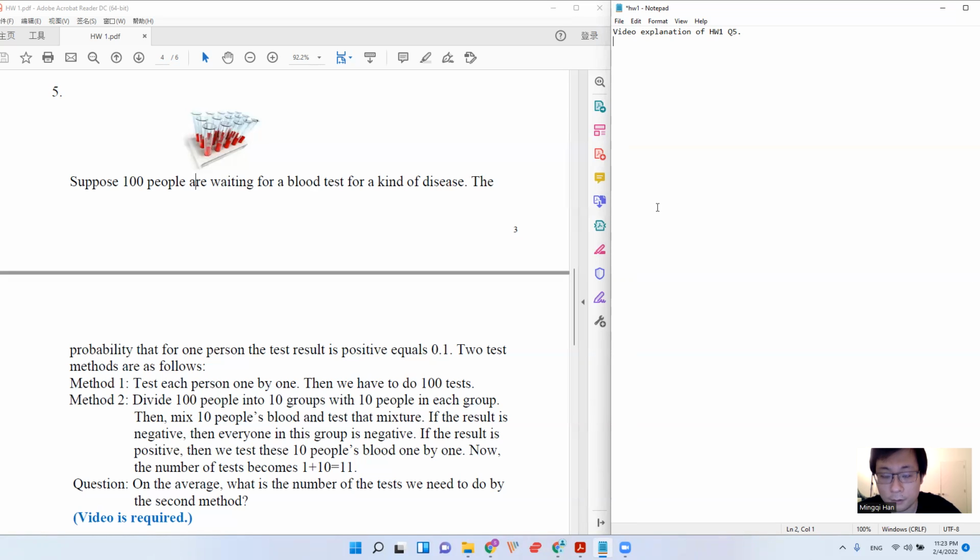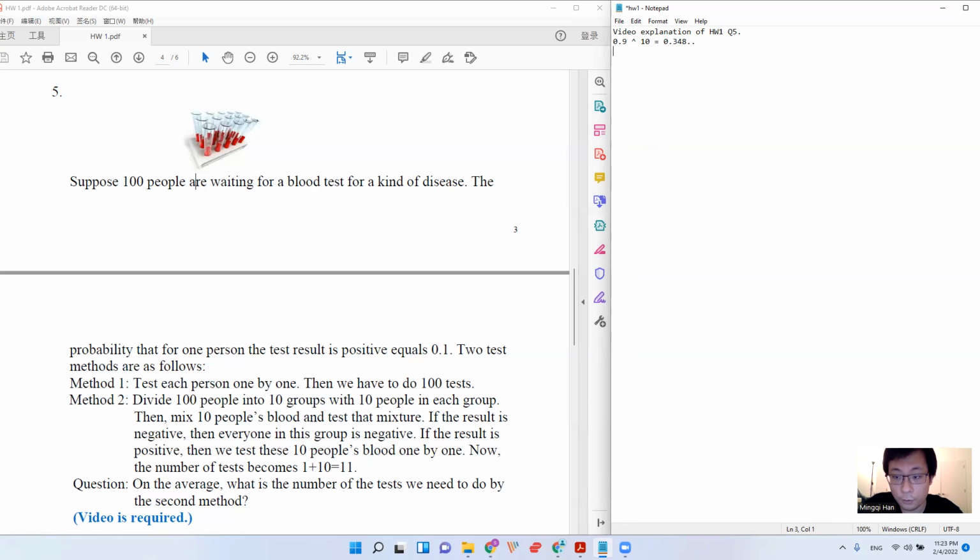We can simply do this: no people have the disease, which is 0.9 for each person to the power of 10, since there are 10 people in the group, which is approximately 0.348. And this is the value for the group not having to do the second round of test.